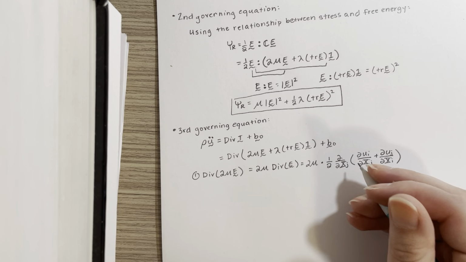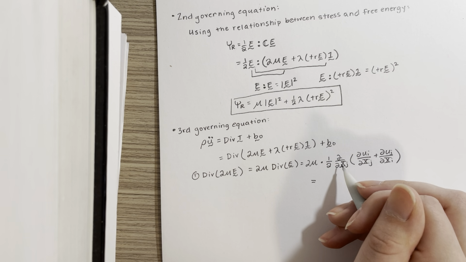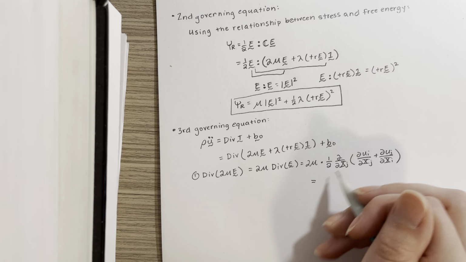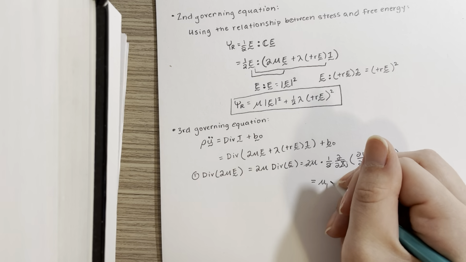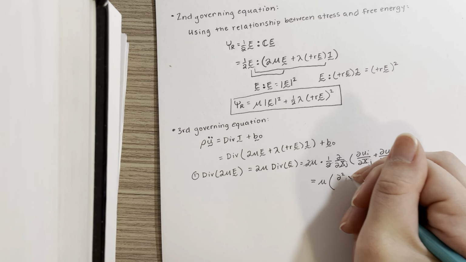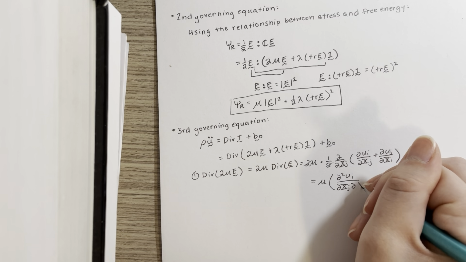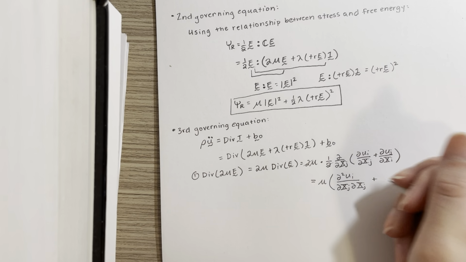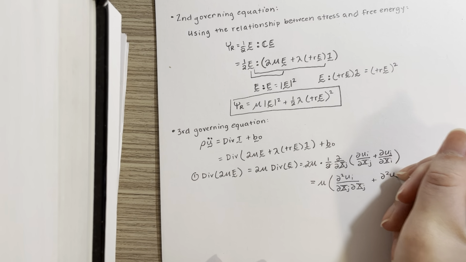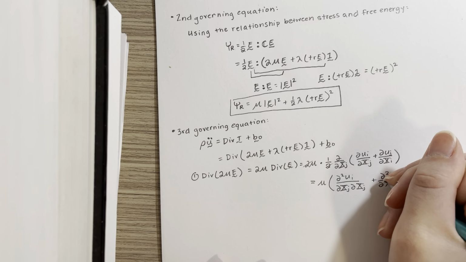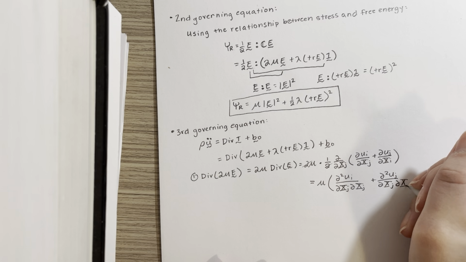So now just distributing the del xj, and the 2 and the 1/2 cancel, we have mu times del squared ui del xj del xj plus del squared uj del xj del xi.